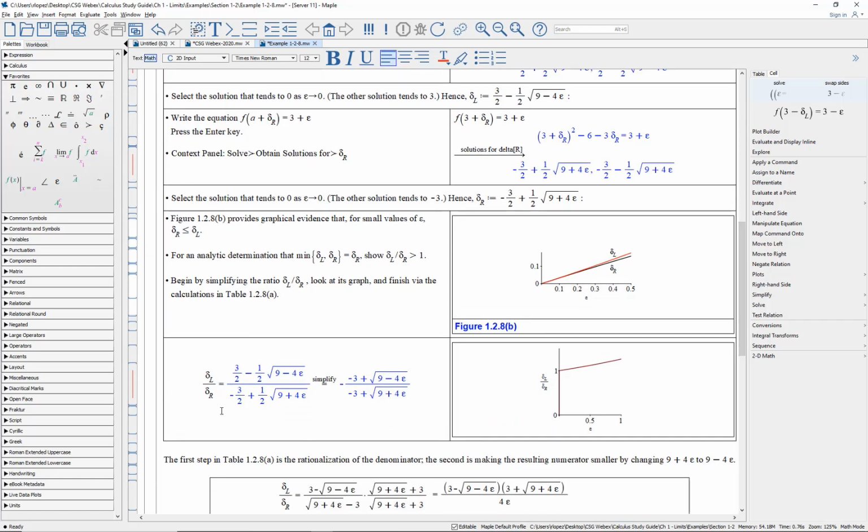So here's delta L over delta R. We did a simplify, just use the simplify in the context panel. We have this expression. Well, here's a graph of this expression.